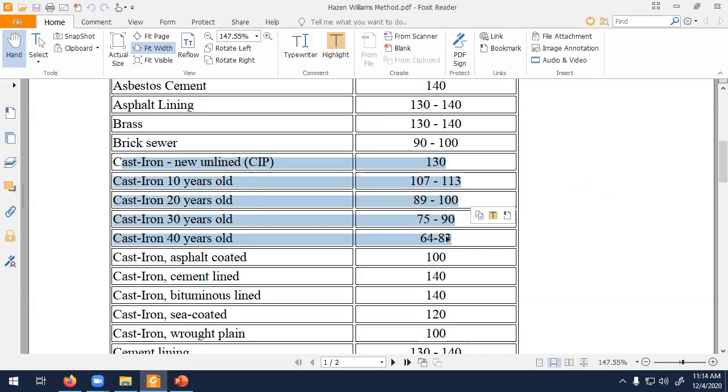In contrast, for Darcy-Weisbach, the smaller the Darcy-Weisbach friction factor f, the smaller the head loss. So just recognize there's this inverse relationship between the two.